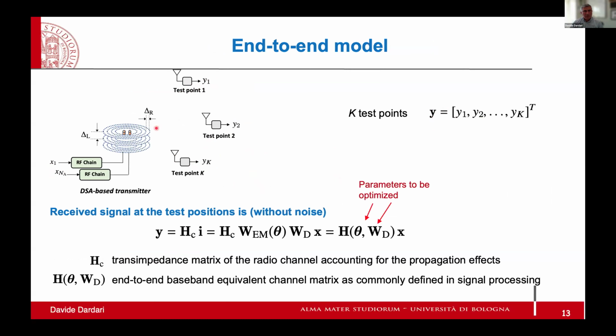Once we know the propagation scenario, it is possible to relate the currents flowing here to y by defining the transimpedance matrix of the radio channel. In free space, this can be computed easily analytically. If we are not in free space, it comes from any model. This is the final end-to-end model, which depends on the parameter theta and on the digital processing. The problem is to find these parameters in such a way that we get the desired end-to-end channel response.